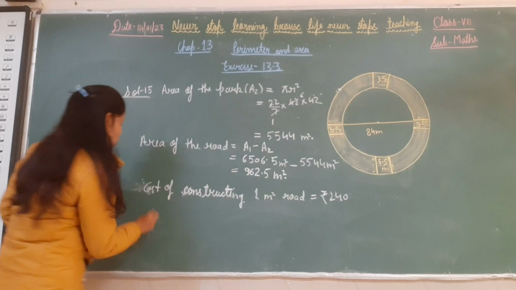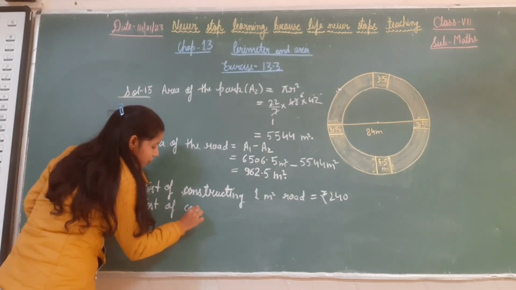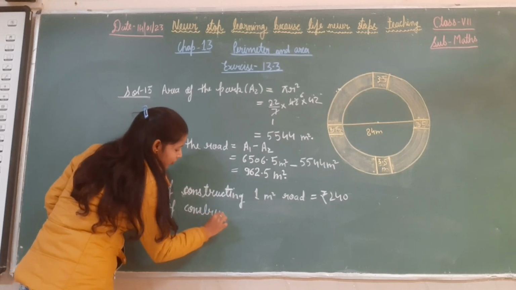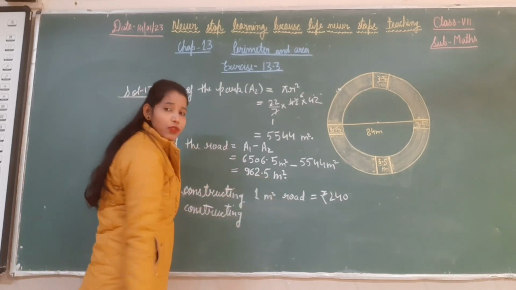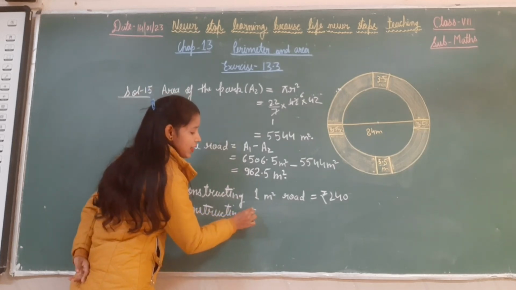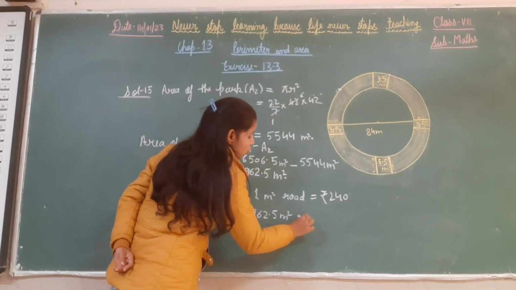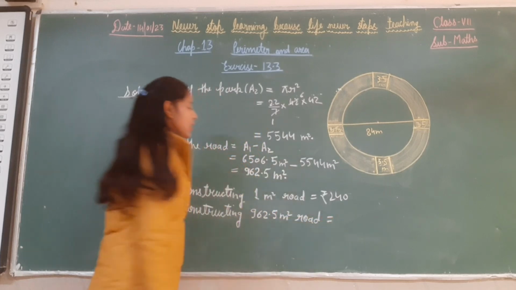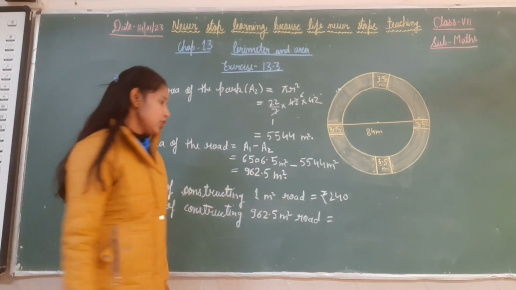So the cost of constructing 962.5 meter square road will be equal to 240 multiplied by 962.5.